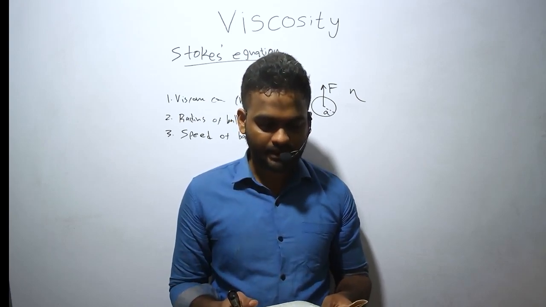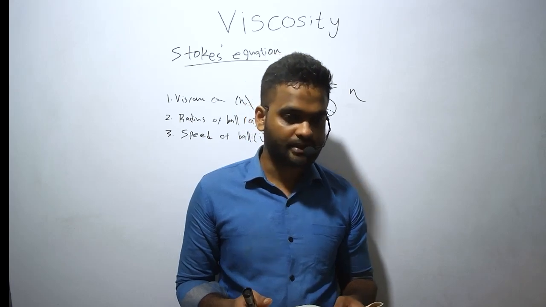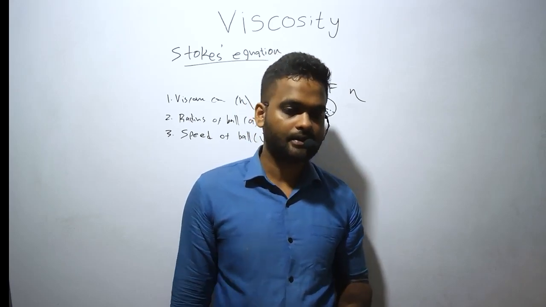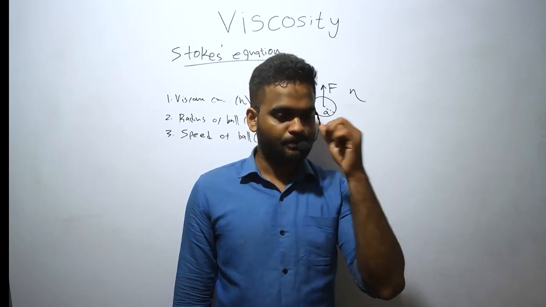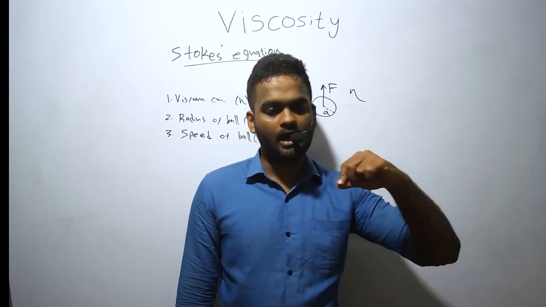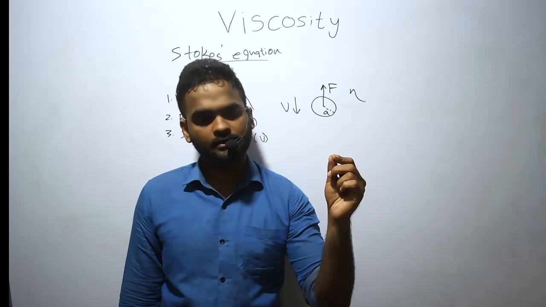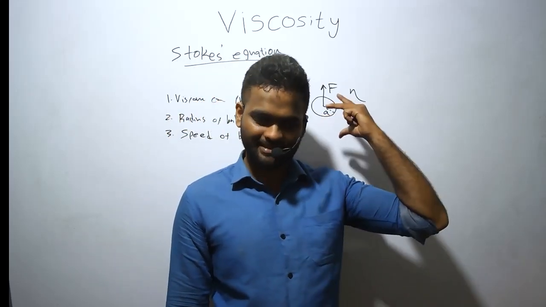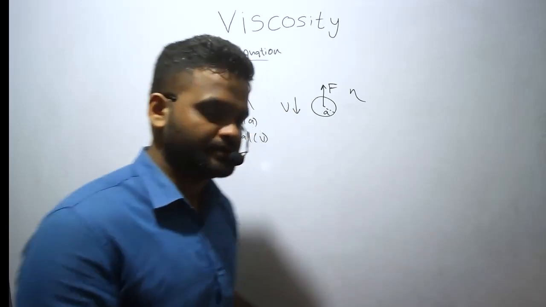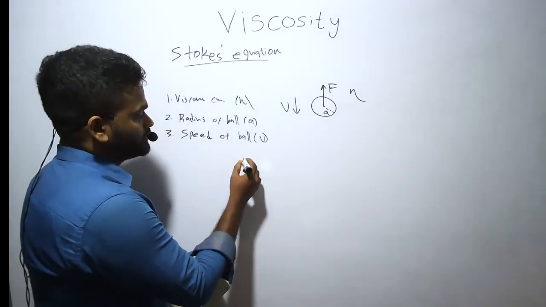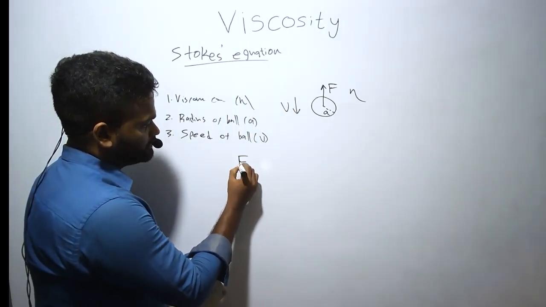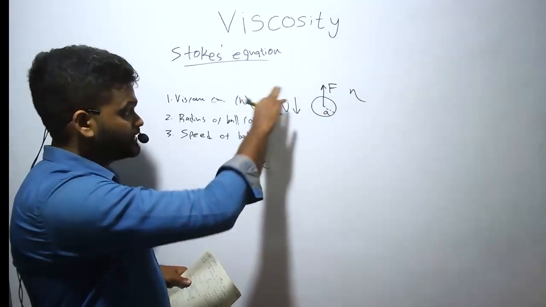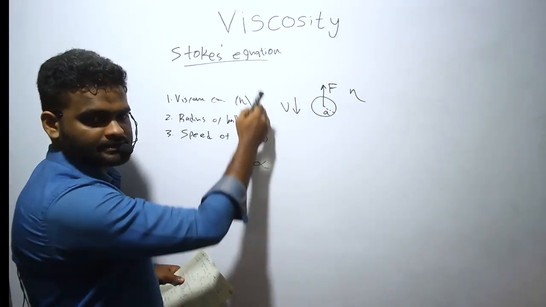So the Poiseuille's equation we derived using dimensional analysis. So we are going to build an equation for this also using dimensional analysis, right? So we need a combination of F in terms of these experimentally found three factors.